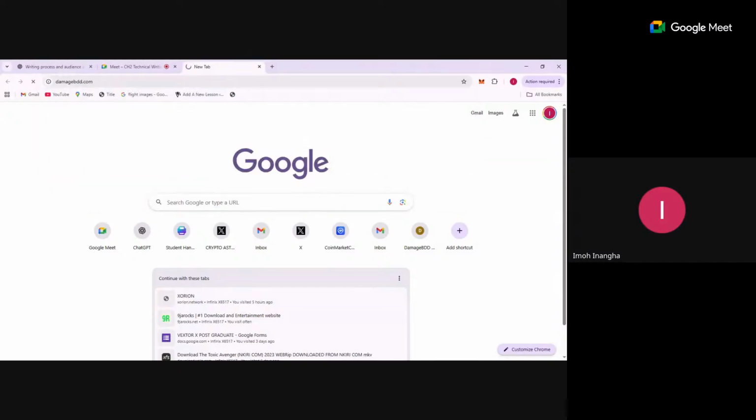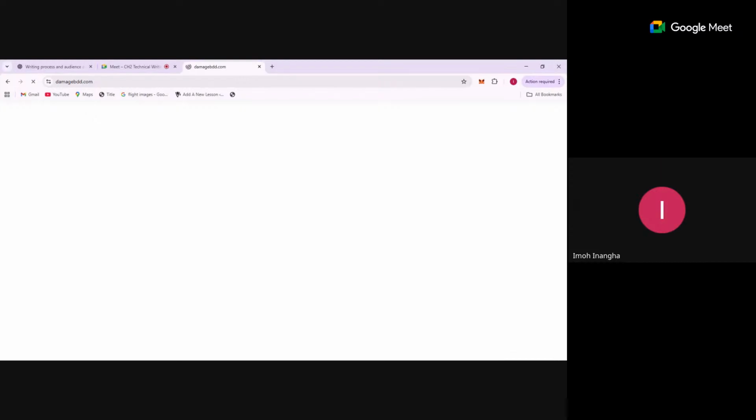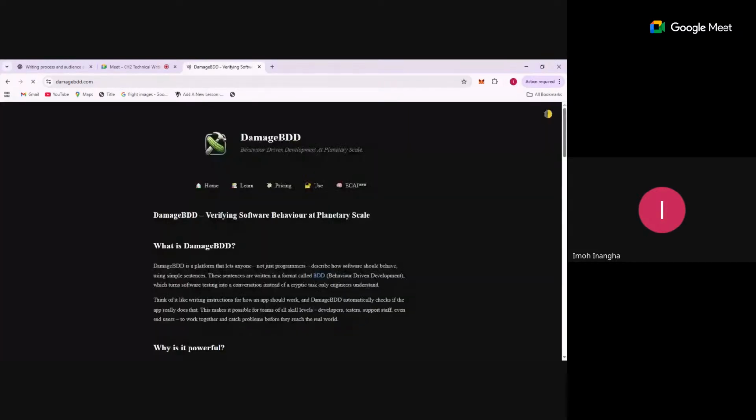This is the name of the project and the name of their website. Like I mentioned earlier, Damage BDD is a product that helps run some testing for any product. For example, let me go through their platform.